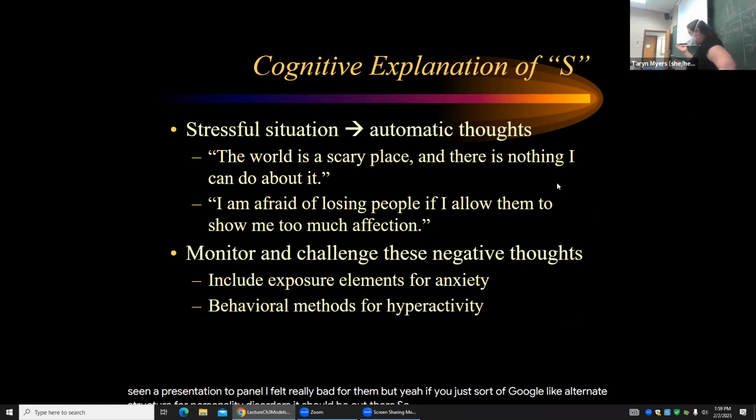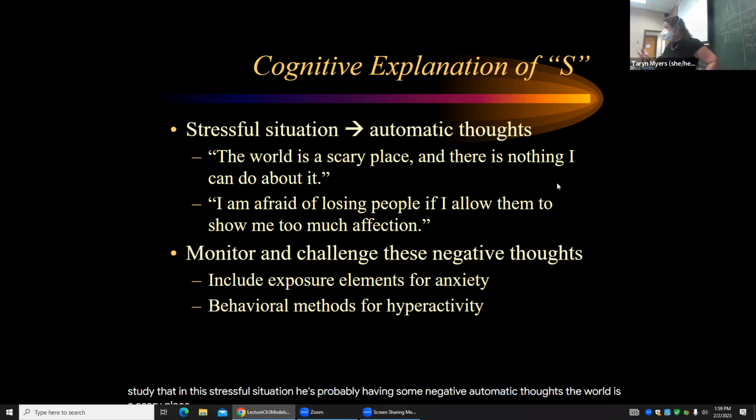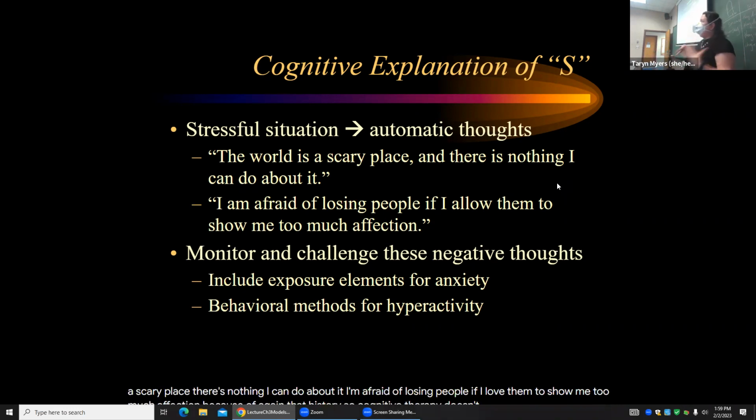So, some cognitive explanations of our case study: in this stressful situation, he's probably having some negative automatic thoughts. The world is a scary place. There's nothing I can do about it. I'm afraid of losing people if I allow them to show me too much affection because of, again, that history. Cognitive therapy doesn't delve into your early history like psychoanalysis does, but it certainly acknowledges it and talks about it if it's relevant.